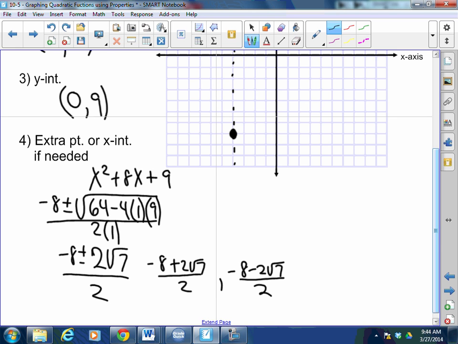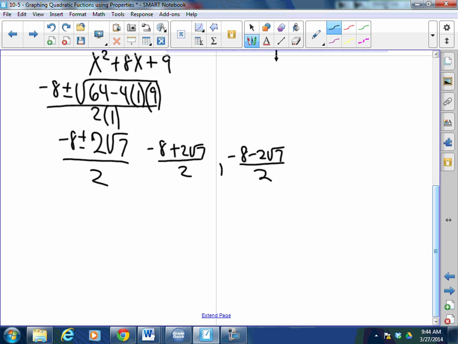This is when calculators are useful. Can I simplify this? Absolutely, 100%, and I thank you for bringing that up. This would be negative 4 plus square root of 7, or negative 4 minus square root of 7.